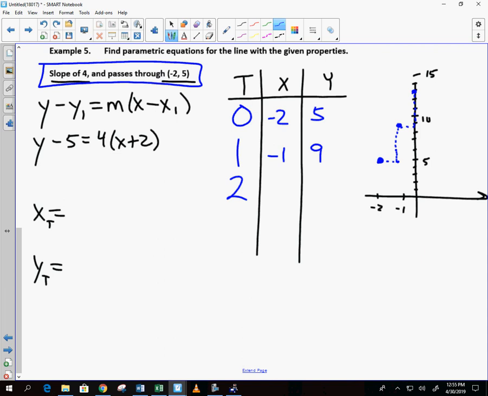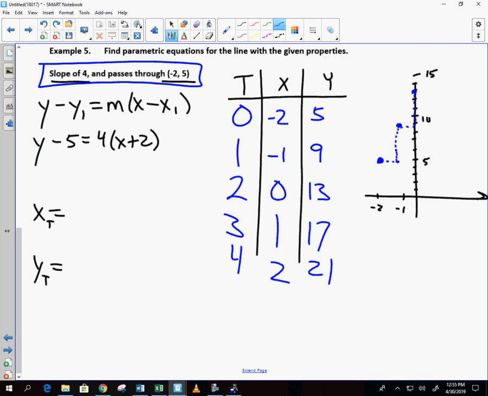Where does that bring me to? So if I go to time 3, anybody know what I'm going to have for an x value? 1. And how about the y value? And if I go to a time of 4, what's going to be the x value? 2. Do you see a pattern developing?